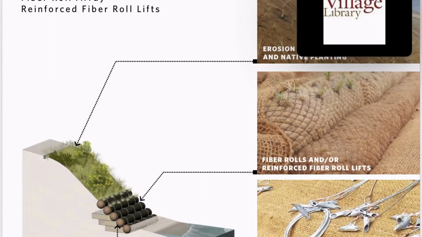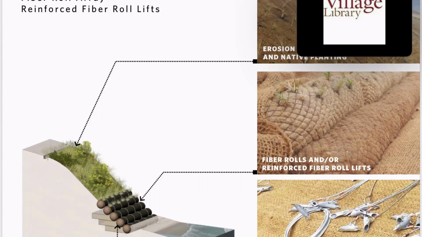The anchoring is really important. Many years ago, when we entered into this field, we noticed that it was necessary to increase our anchoring methodology. Fiber rolls have been used on Cape Cod. They were originally used in Europe, and then that technique was brought to the US and really became popular in Cape Cod in response to the 91 no-name storm.